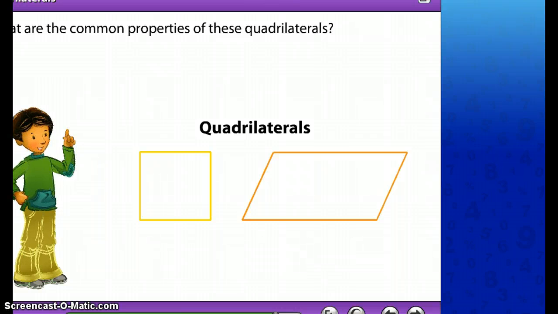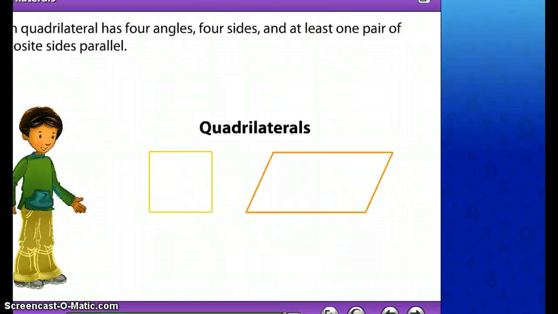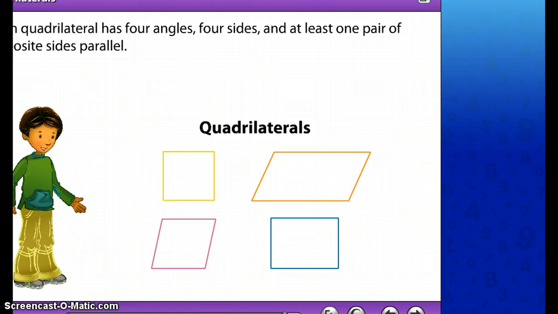What are the common properties of these quadrilaterals? Each quadrilateral has 4 angles, 4 sides, and at least one pair of opposite sides parallel. Okay, so all quadrilaterals have 4 sides. Quad means 4. 4 angles, and at least one pair of parallel sides.